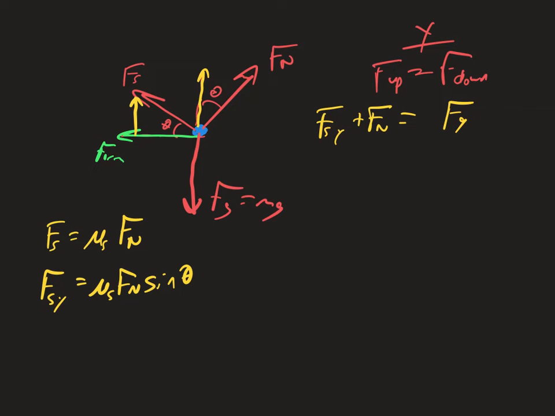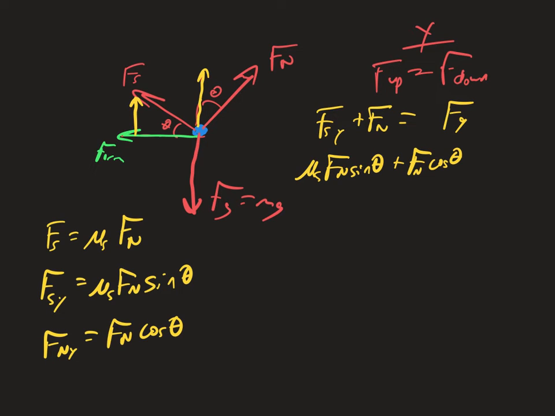The normal force, the y component, is the adjacent compared to theta, so Fny is going to equal Fn times the cosine theta. So plugging that in, for Fsy, we have mu s times Fn times the sine of theta, plus Fn times the cosine theta equals m times g.